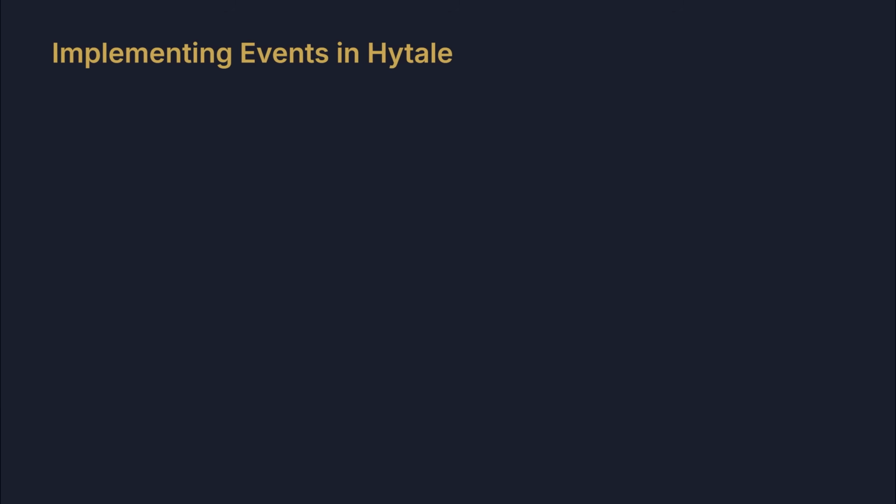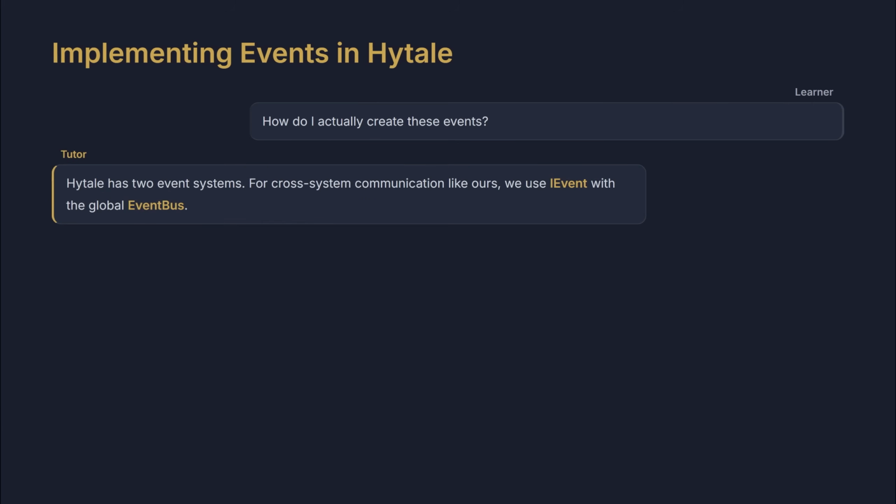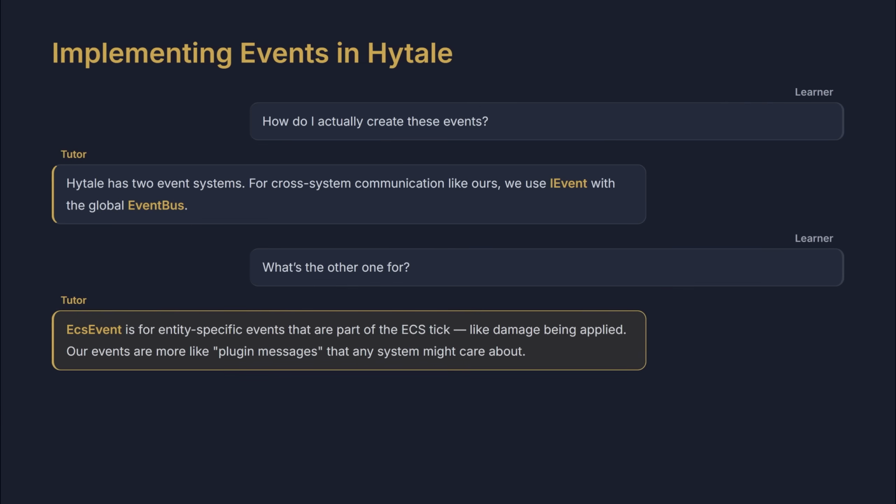So, okay, but how do we do that in Hytale mods? How do I actually create these events? Hytale actually has two event systems. For cross-system communication like ours, we use the IEvent interface with the global event bus. And that's very simple, but what's the other one for? We also have ECS events, which are for entity-specific events that are part of the entity component system tick, like, for example, damage being applied.